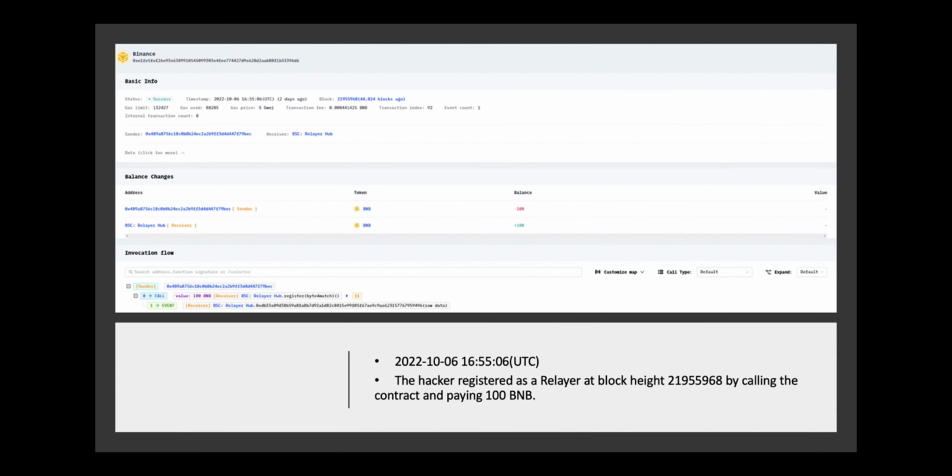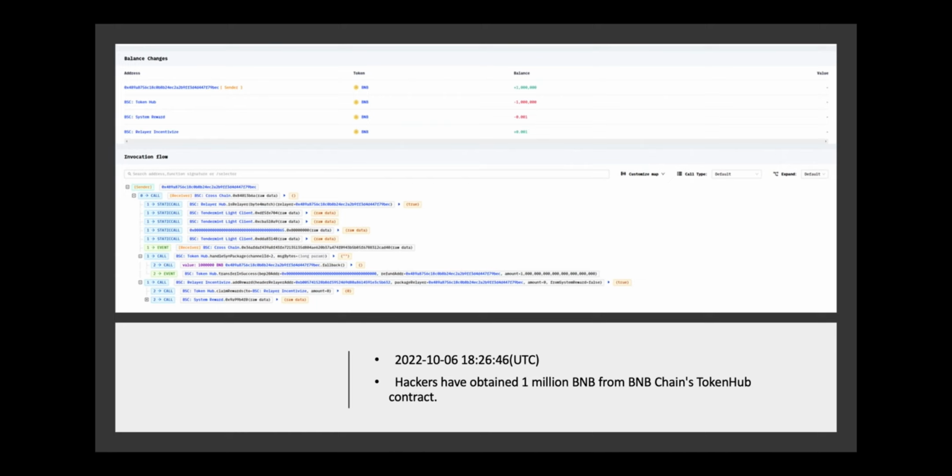This is one of the details. We can see that on October the 6th, roughly 2 weeks ago, in the afternoon, the hackers started at block height 219.559.68. They called a particular contract to pay 100 BNB as a test, and then up to 2 hours later transferred 1 million tokens based on the BNB token hub contract.